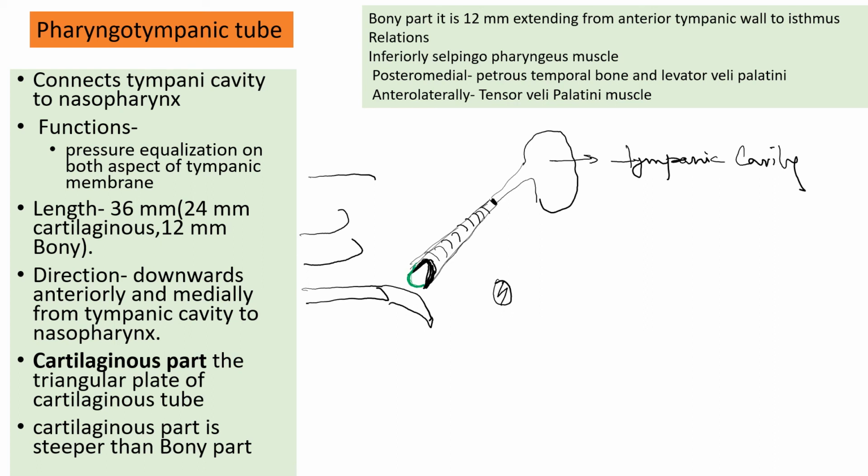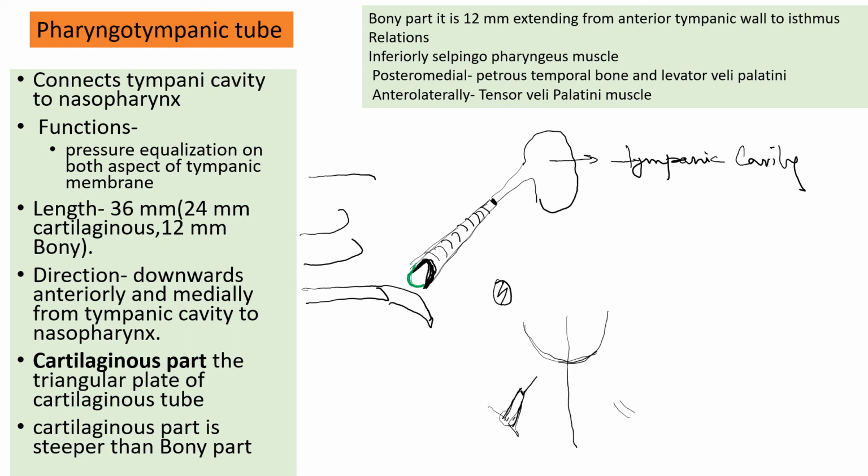The direction of the tube is downwards, anteriorly and medially, from the tympanic cavity to the nasopharynx. Suppose this is the midline and the tympanic cavity is somewhere here, then it is continuous from the anterior wall of the tympanic cavity towards the nasopharynx. Suppose this is the pharyngeal wall, so this would be the bony part, which is broad initially, then narrow.